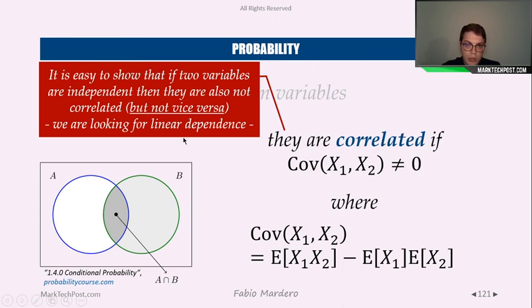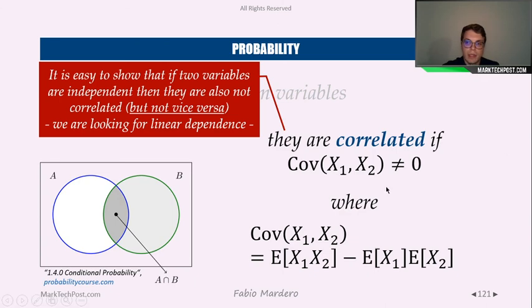It's easy to show that if two variables are independent, then they are also not correlated. Why? Because this expected value becomes the same as the right side here. But the vice versa is not true.